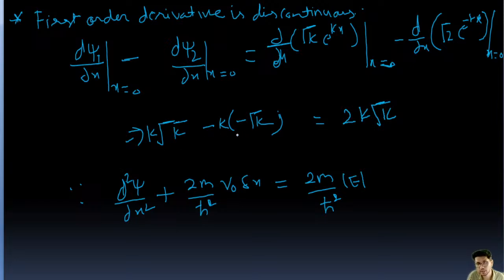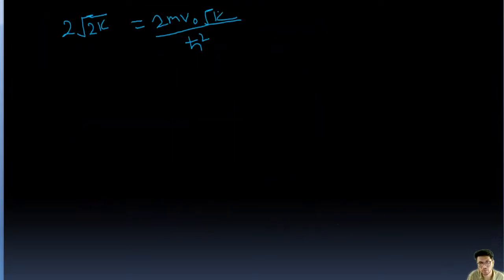If we add it, k plus k, 2k root k. So here this is 2k root k. Now root k will get cancelled, and 2 will get cancelled.